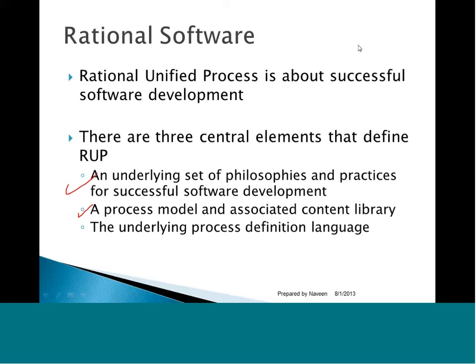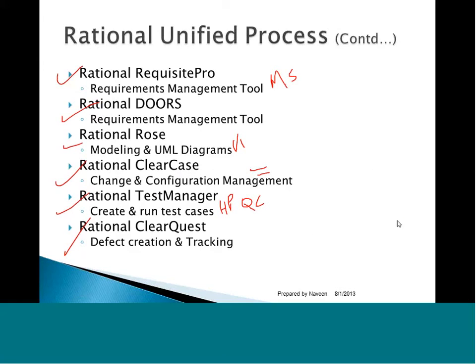However, the point about the associated content library is that Rational software has this process and the knowledge built into it. For example, let's say you're using Rational RequisitePro. You don't need to know what an SRS would contain. You don't need to know what a vision document or a project charter would contain.